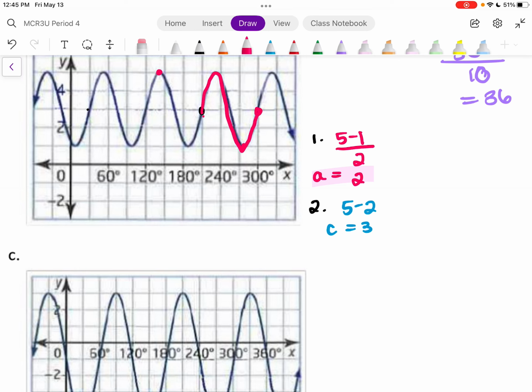So I start here at 120, follow the graph all the way up to 210. 210 minus 120 is going to give me a period of 90 degrees.